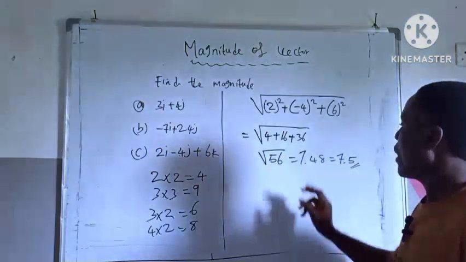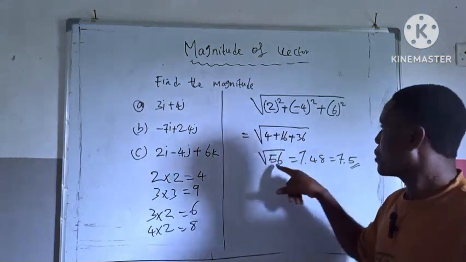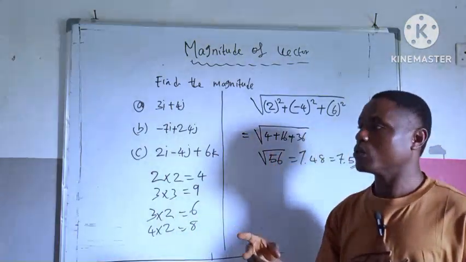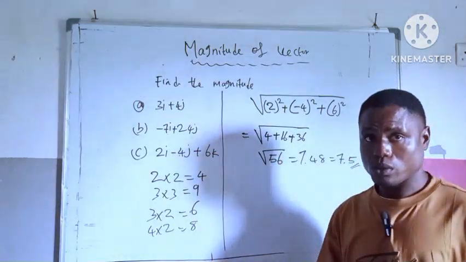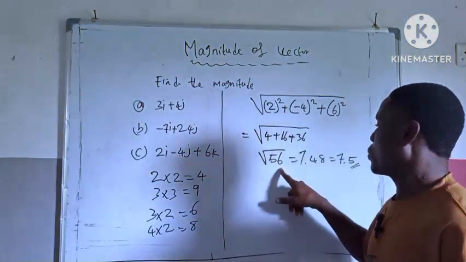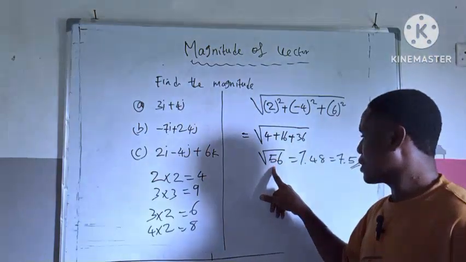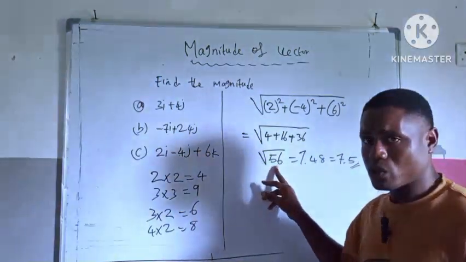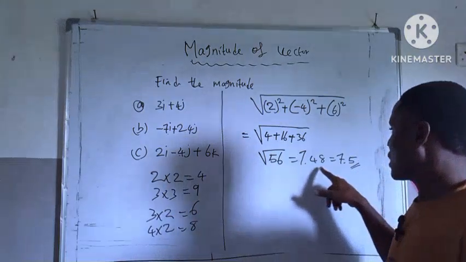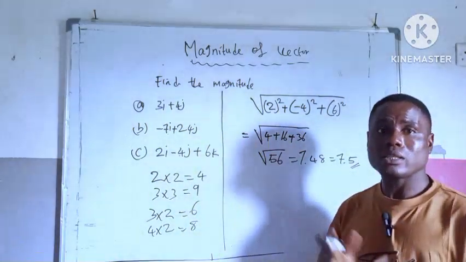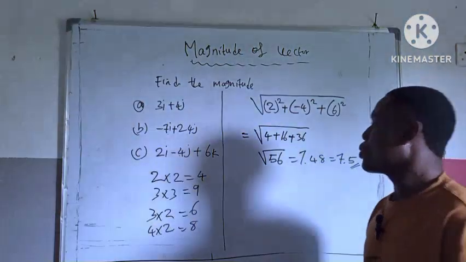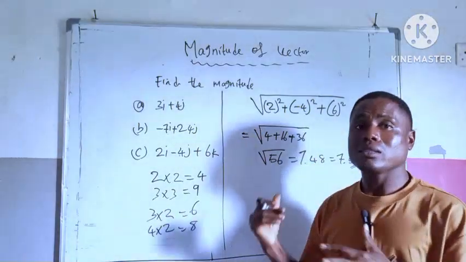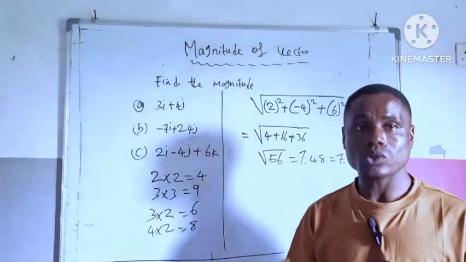Okay, so after solving the previous ones we have been solving, we easily got the square root of those numbers, right? But this particular one, this is 56. And after pressing the calculator, you know that this is not a perfect square. Once you press the calculator, you get a decimal number. So if after solving this you didn't see your answer in the options, what are you going to do?